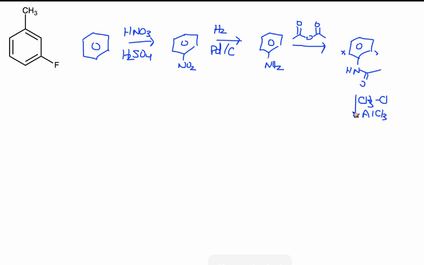Now, although this AlCl3 isn't compatible with an NH2 group, because that lone pair will react with it in a Lewis acid-base reaction, this lone pair on the amide isn't nearly as Lewis basic, so you don't have to worry about that in this case.